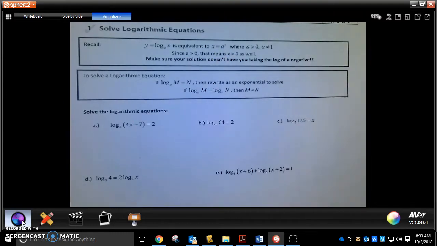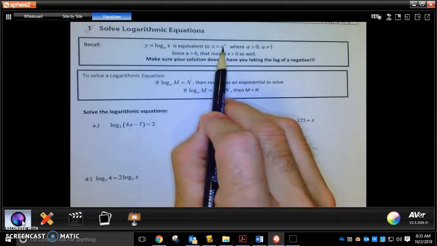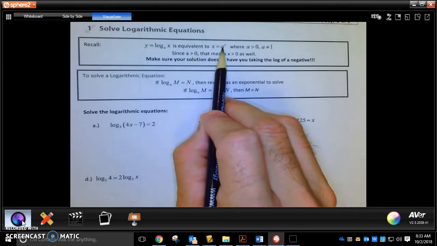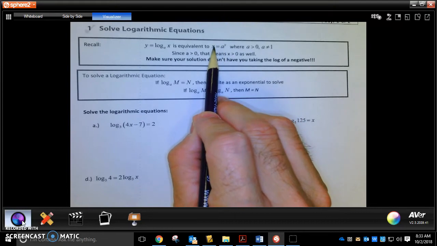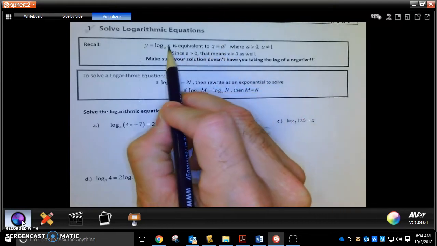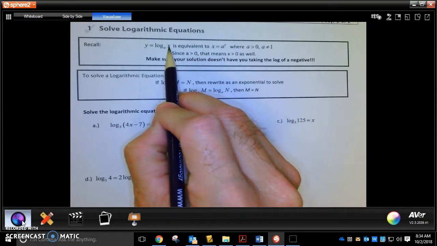One thing to notice about logarithms and exponentials. The a in an exponential has to be positive. So if this is positive, whenever you take this to a power, this x is always going to be positive as well. Well, that x would be this x right here. So that x always will be positive.